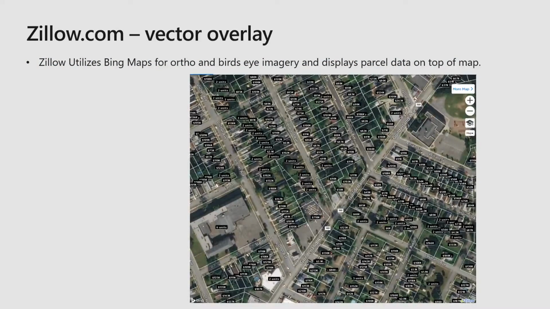And the last scenario that I want to show you is vector overlay, drawing on top of the map. So Zillow uses this. Many of you probably use Zillow's website. They like Bing Maps for the bird's eye imagery and our street side imagery. What they're doing is vector overlay. So they've got all these property parcel boundaries. So how can you draw on the map?